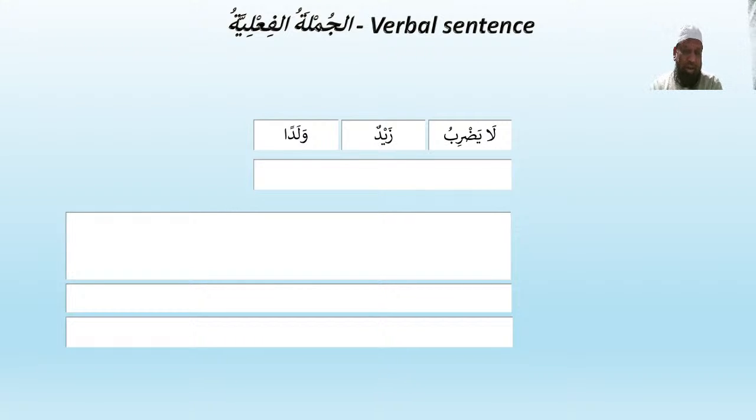Because we have waladan, a nakira, that is giving us an idea that if we make it continuous, it will not make sense. So this has to be habitual. Zaid is not hitting any boy. Zaid does not hit any boy. That's better.